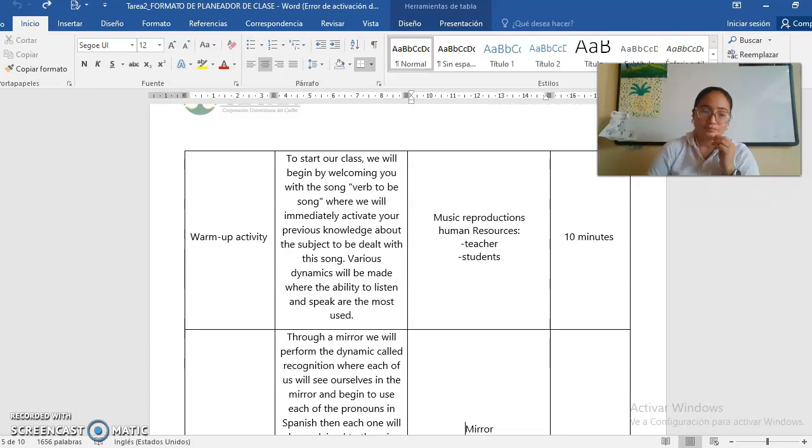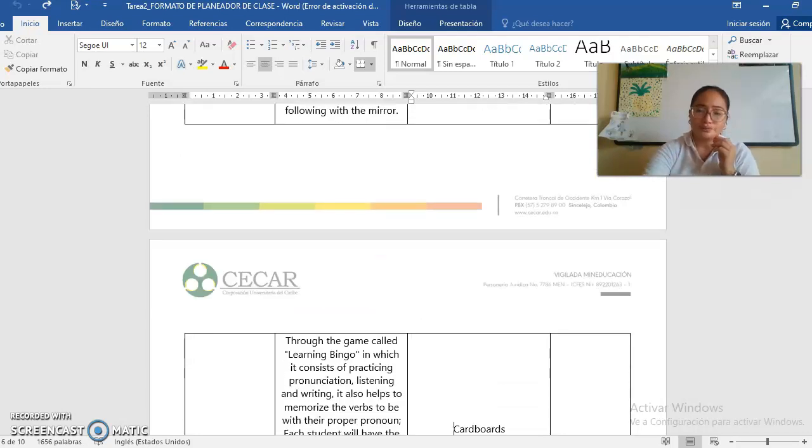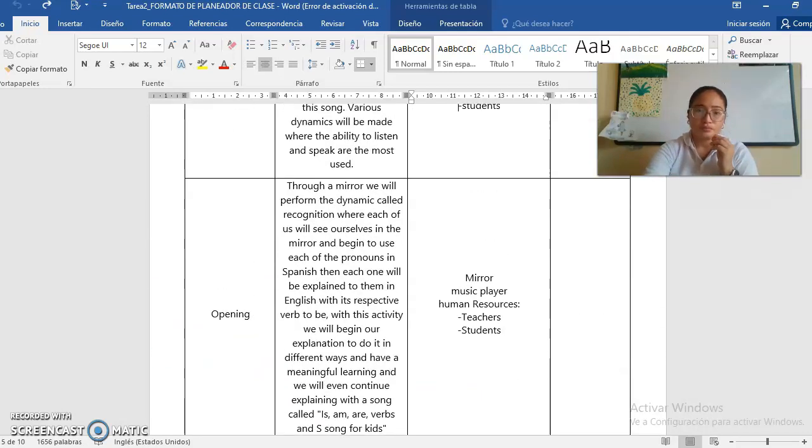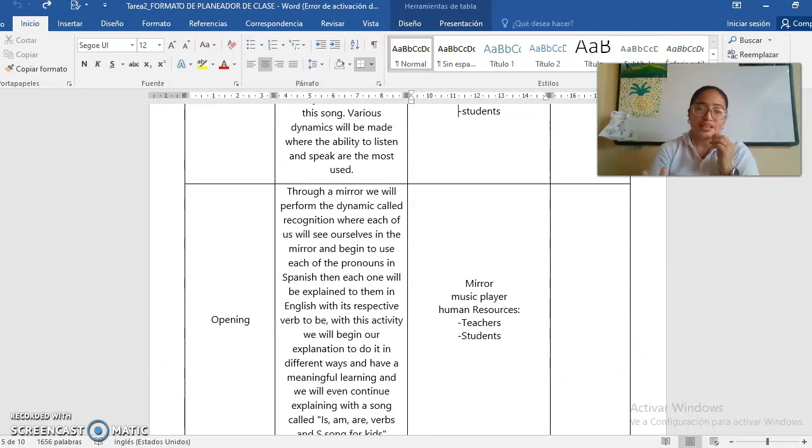Opening: in front of the mirror we will perform the dynamic, where each of us will sit in front of the mirror and begin to say each of the pronouns in Spanish. Then each one will be explained in English with its respective verb to be.